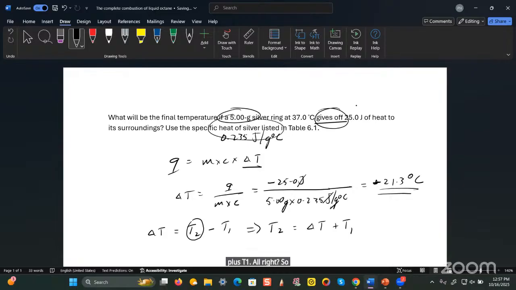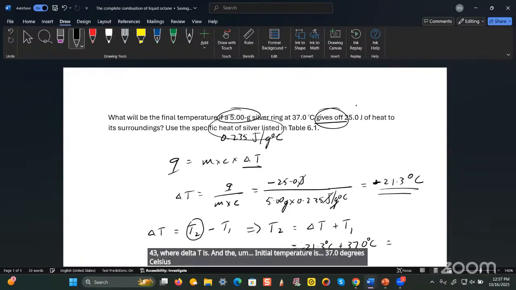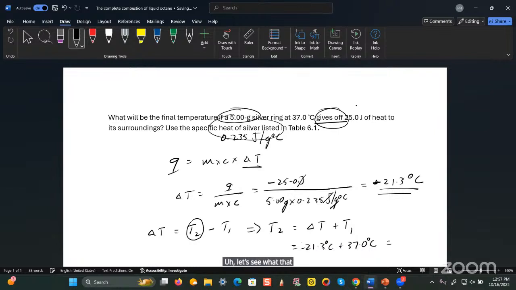So basically, we put minus 21.3 where delta T is, and the initial temperature is 37.0 degrees Celsius, all right? And let's see what that gives. 37 minus 21.3. According to my calculation, that works out to be 15.7 degrees Celsius, and that would be the answer. That's how you do that, all right?